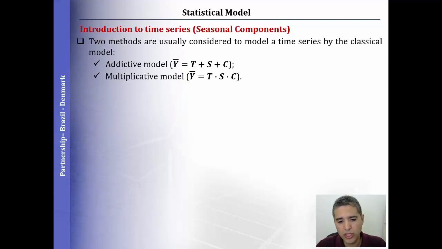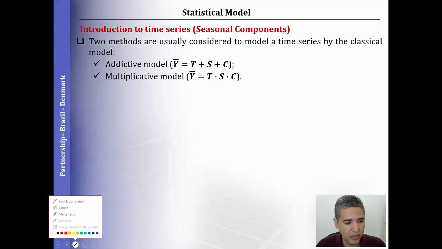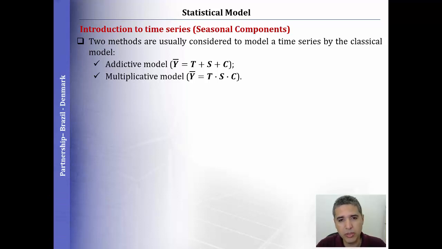In order to obtain the seasonal components, we need to take into account the trend components that we computed in the previous class. In addition to that, we need to observe which model is appropriate to obtain the seasonal components.